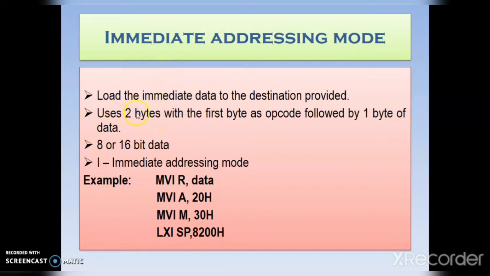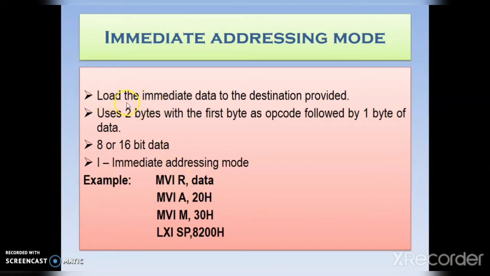The function of this addressing mode is to load the immediate data to the destination provided. In MVI R, data, the source is data and the destination is the register. R represents a register, MV is the short form of move, and I represents immediate data.